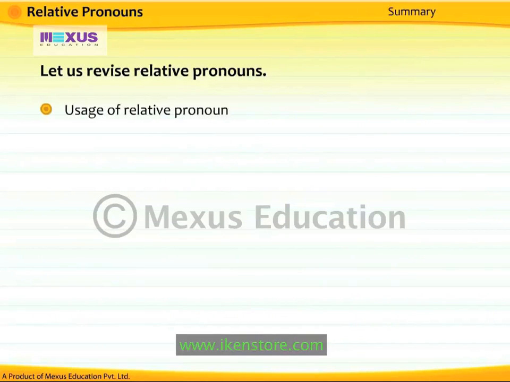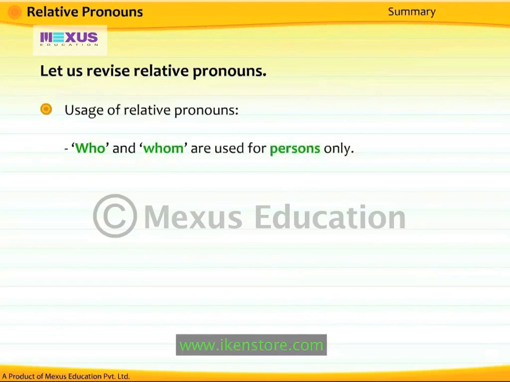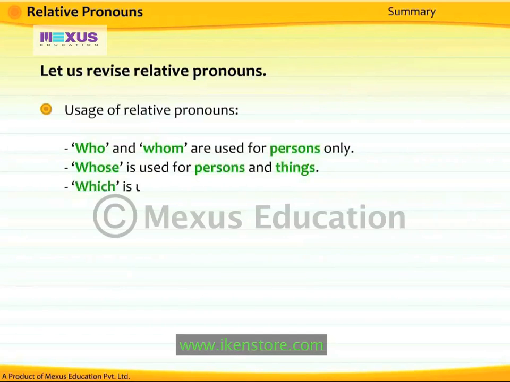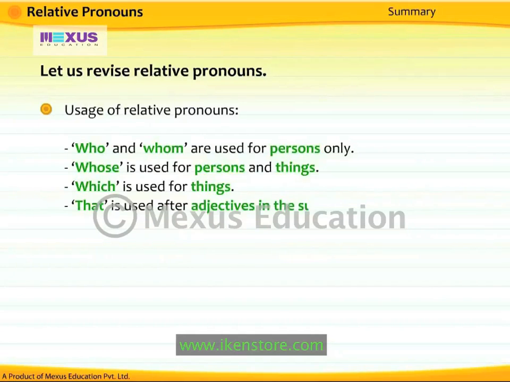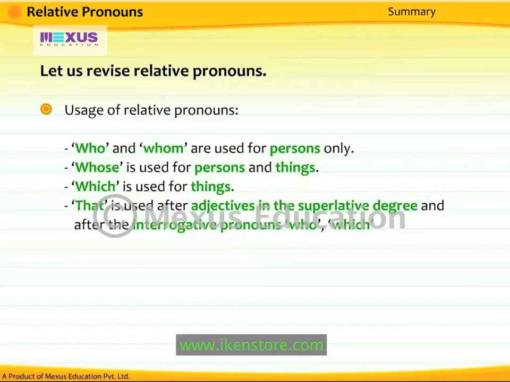Usage of relative pronouns. Who and whom are used for persons only. Whose is used for persons and things. Which is used for things. That is used after adjectives in the superlative degree and after the interrogative pronouns who, which and what.